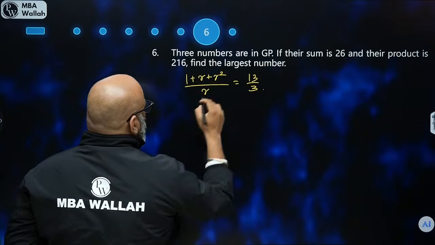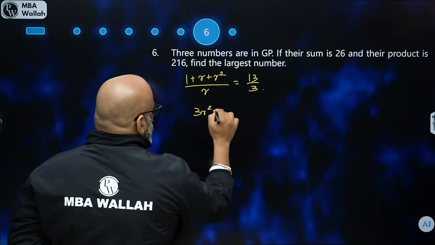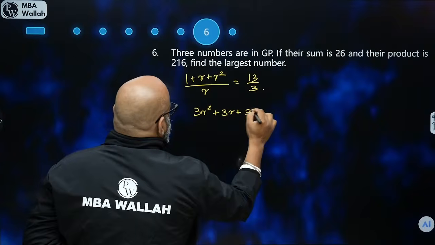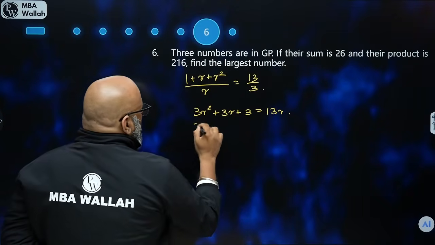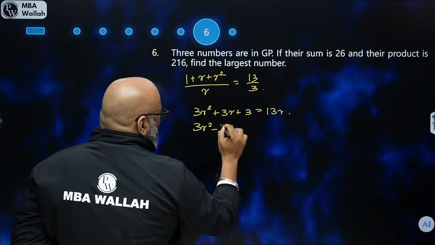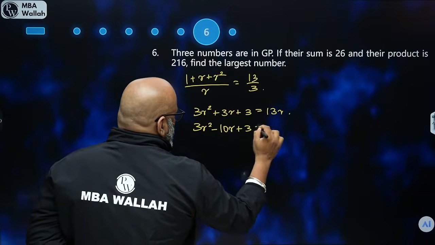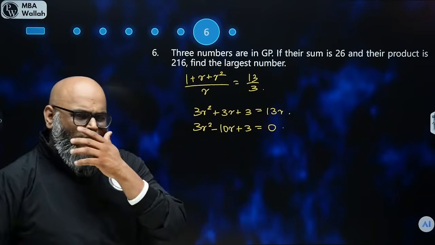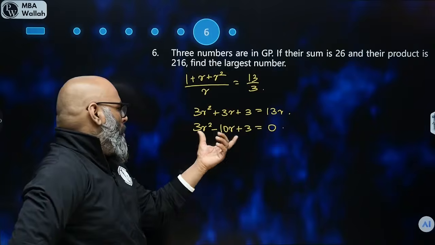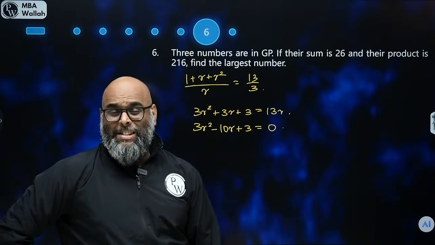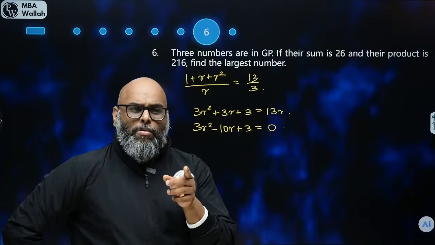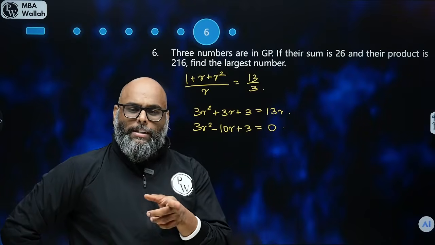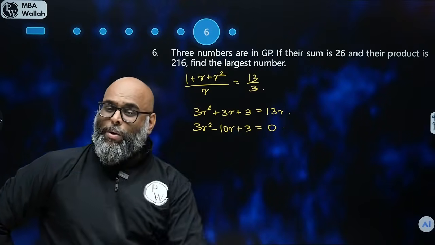So cross multiply, you will get 3R square plus 3 is equal to 13R. Bring it here. 3R square minus 10R plus 3 equals 0. So I'm looking at two numbers. The product is 9, sum is minus 10. Do we have any two integers that satisfy? Product is 9, sum is minus 10, minus 9 and minus 1 works.